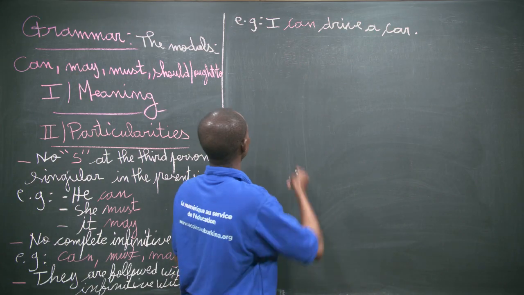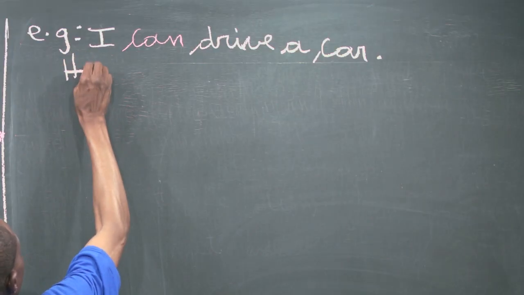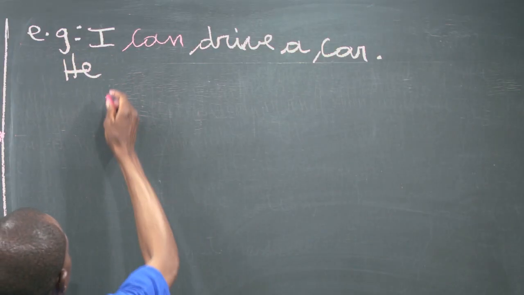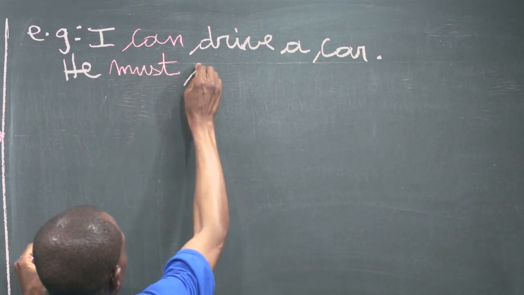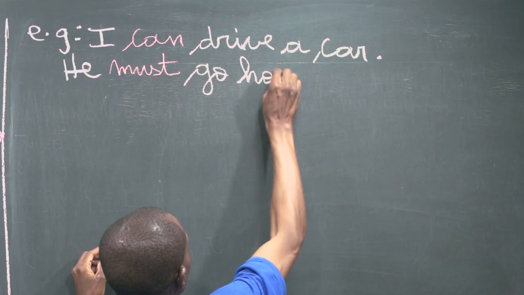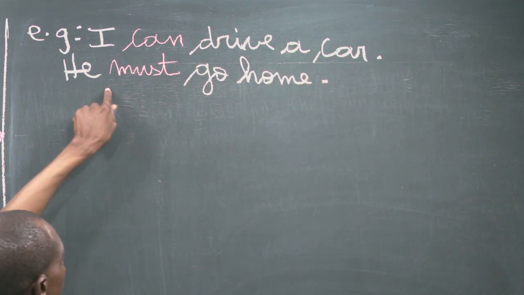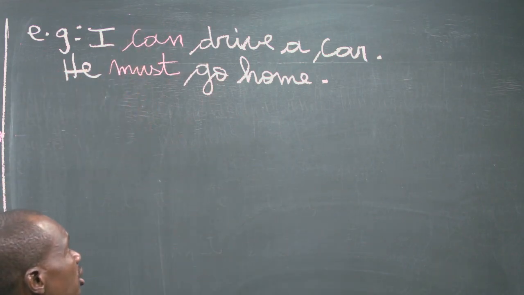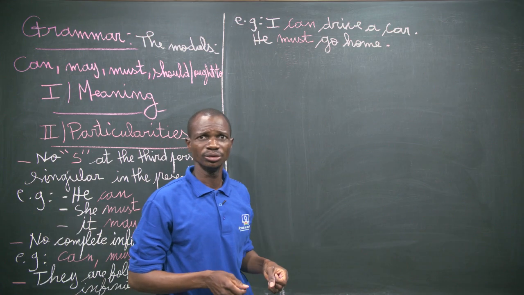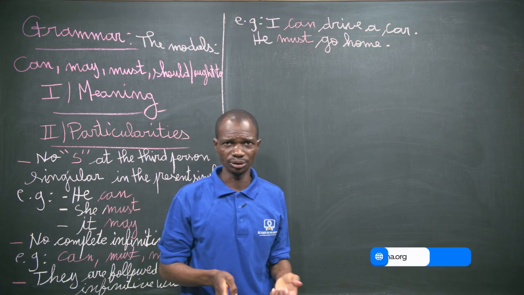Or, for example, he must go home. Here we must not say he must to go home. It's not possible either.